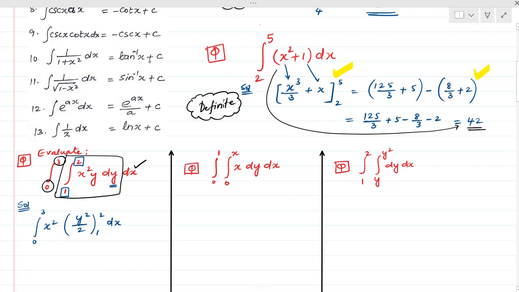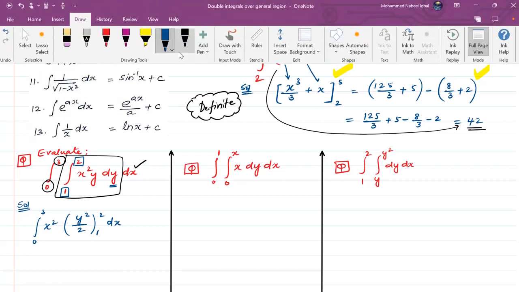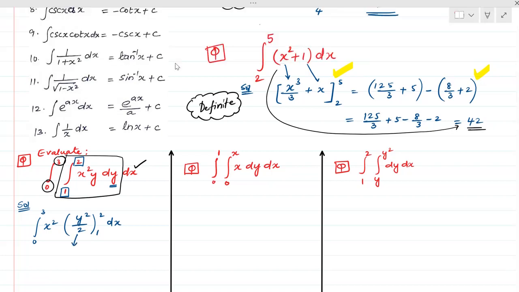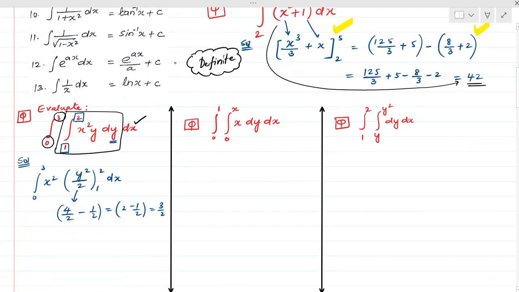After that, substitute the limit, simplify, and then substitute into the given integral. When you apply the limit, this is 4 over 2 minus 1 over 2. After simplifying, this is 2 minus 1 over 2, which equals 3 over 2. So I am taking 3 over 2 outside the integral.